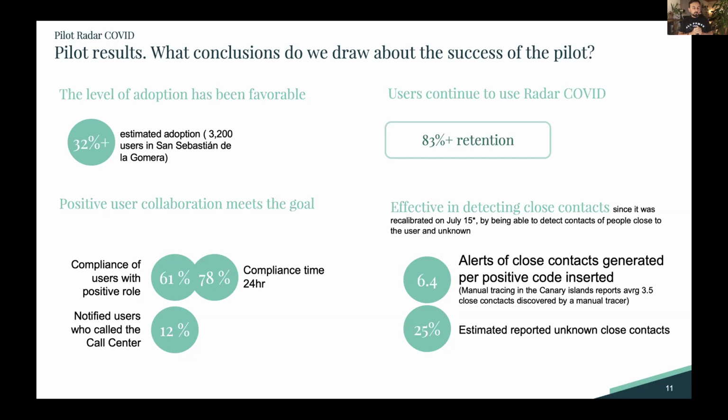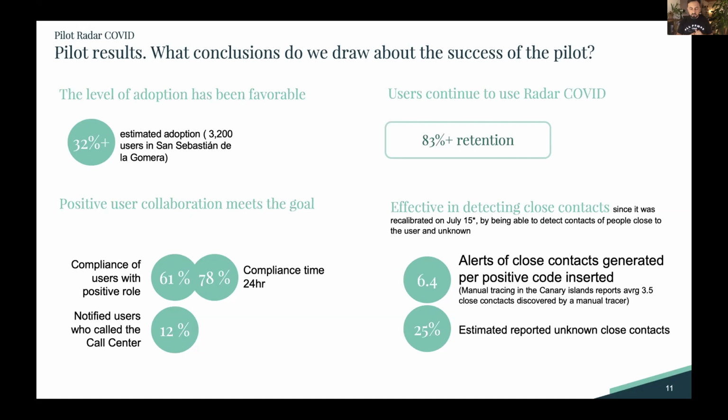And we saw a good compliance of users with reporting their infectious level. Even though we need to take this with a pinch of salt, because again, it was simulated, 61% of people reported it, and 78% of them did it in less than 24 hours. Out of those, about 12% of them called the call center.